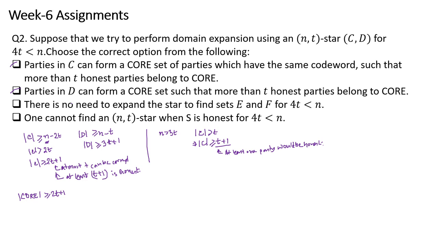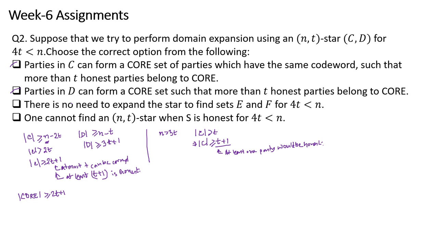Only if core set has a cardinality of 2t plus 1, we then can argue that there must be honest majority among the parties in the core set, and we can exploit that to assign the index wise correct element for each party Pi.